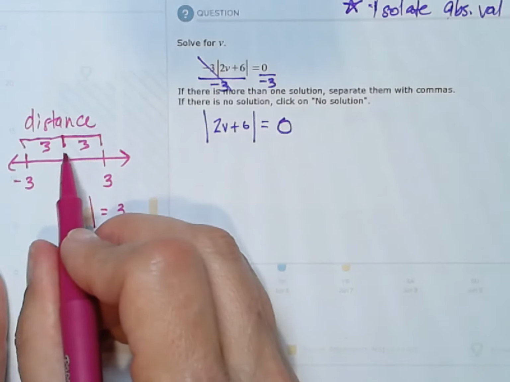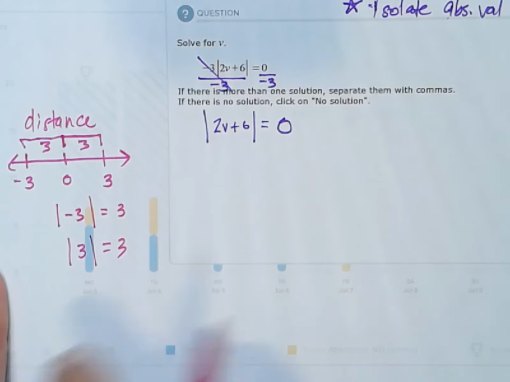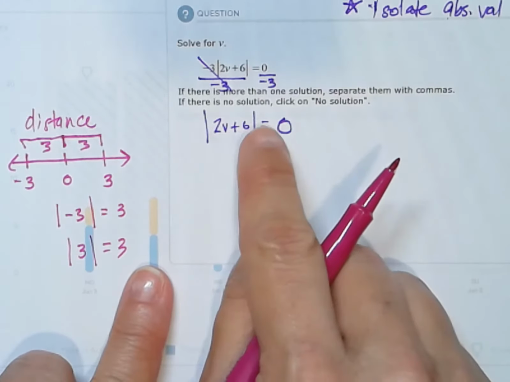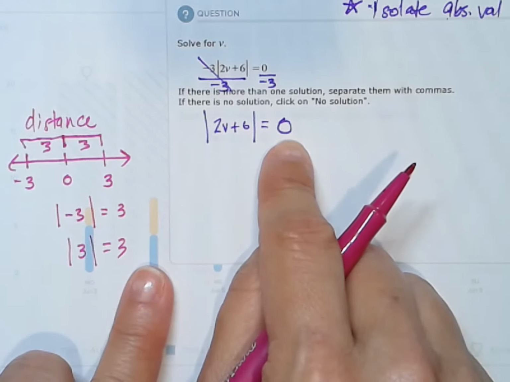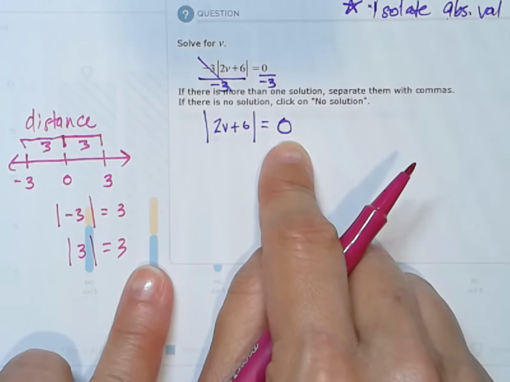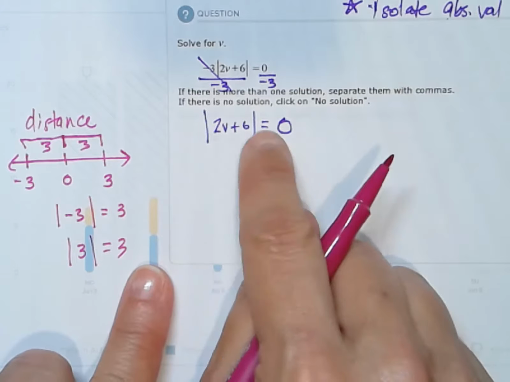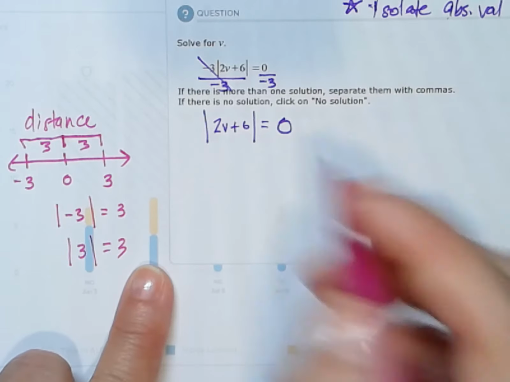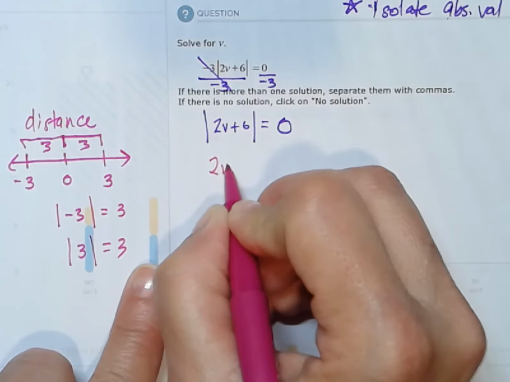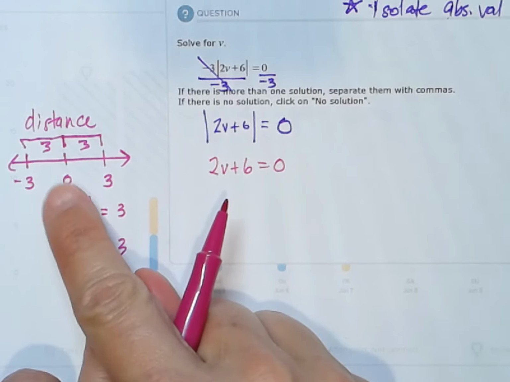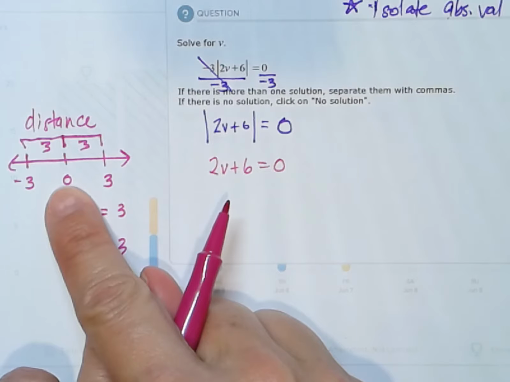Because they're both 3 units away from 0. Okay, so in this case, the question is, how far is 2v plus 6 away from 0? Well, it's equal to 0, because the absolute value is equal to 0. So on this problem, we would say 2v plus 6 is equal to 0, because 0 is no units away from 0.